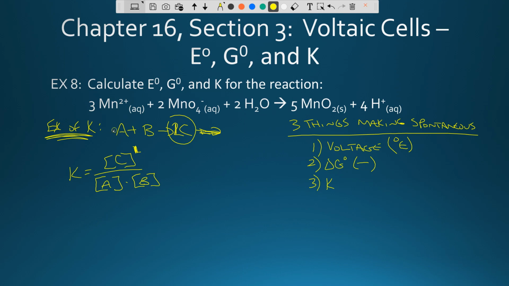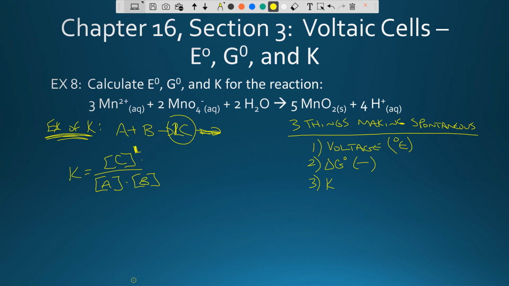And once again, if this is 2, if this is 3 or whatever, I would square it or cube it. But that's all we're doing. If I multiply all these things across in my products, and I find that value is larger, and then divide by all my reactants, if it's larger, then it will go. If I find that my K value ends up being really small, a lot of reactant is being made, and it probably won't go.